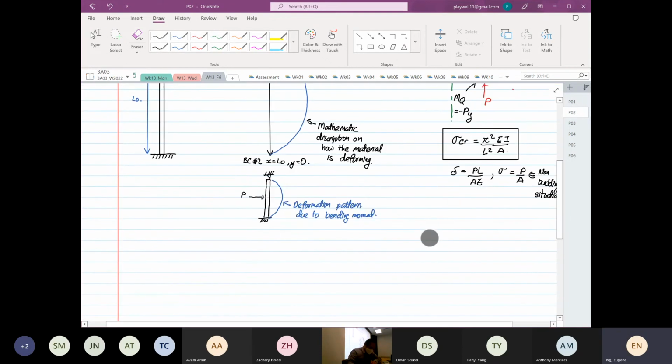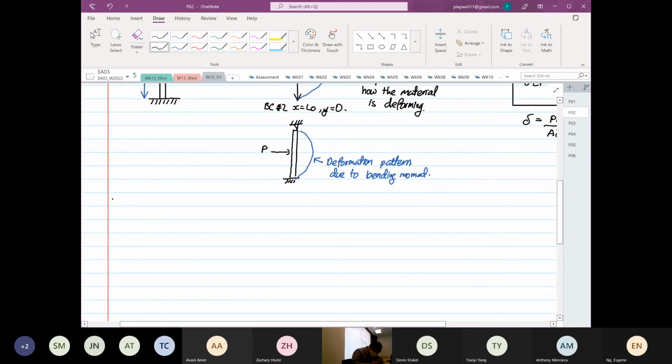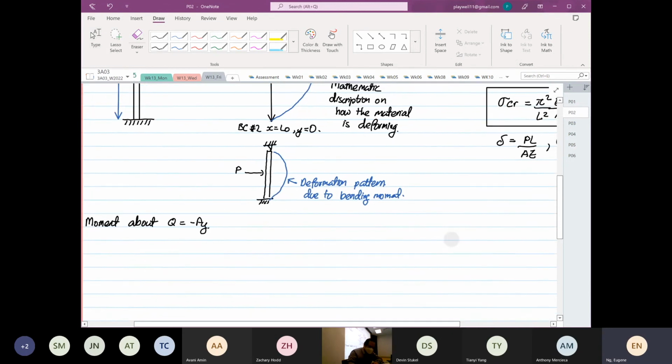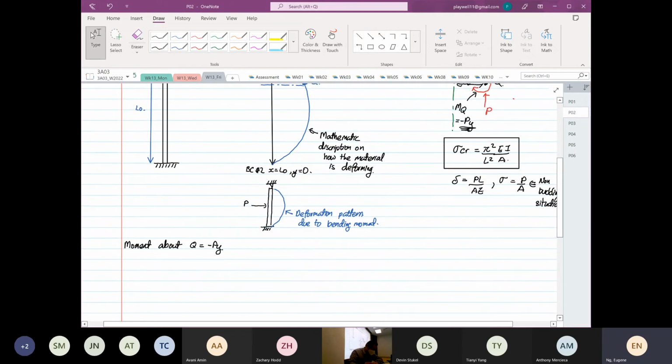We're going to start with the moment about point Q, which is equal to minus Py. That we know already. So we did derive this. This is equal to minus Py over here. We know that.